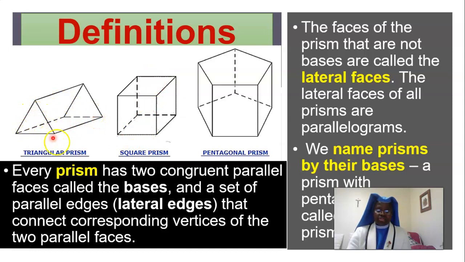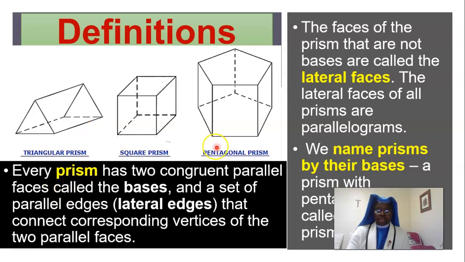This is a triangular prism, where the base is a triangle, but it's leaning. You have to know which faces are the two identical ones. Here we have two triangles, but three rectangles. That tells you it is not a rectangular prism. It is a triangular prism because a prism must have exactly two identical bases.